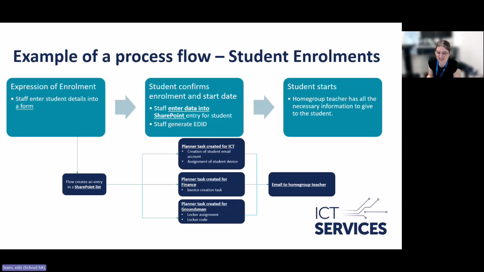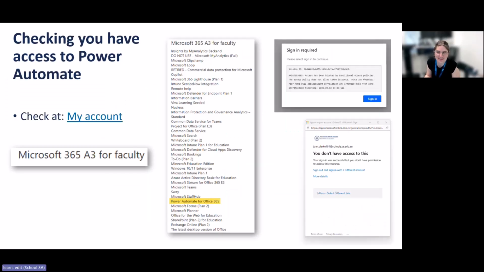One other thing to note, because this does come up a bit with Power Automate, is that everyone should have access to Power Automate, but sometimes you find you don't. So I'm just going to pop this link in here.